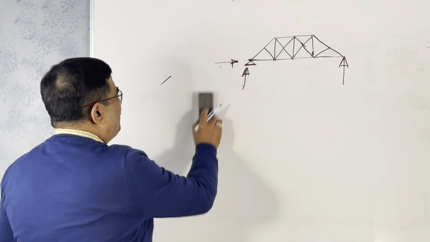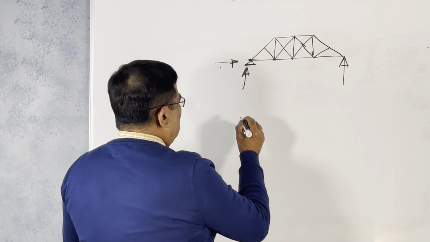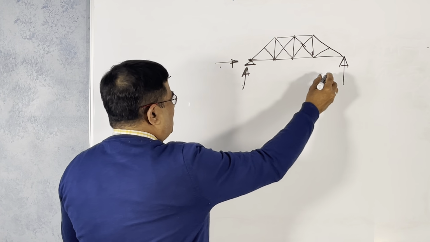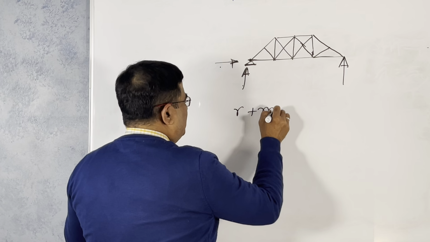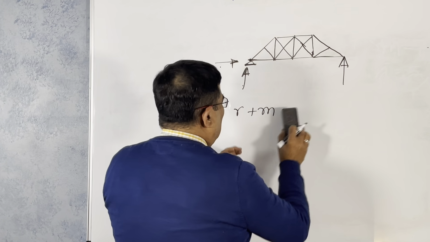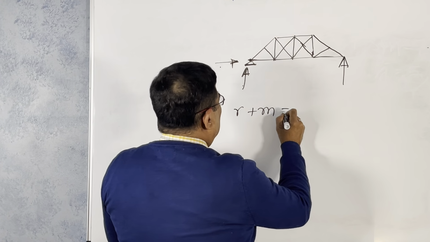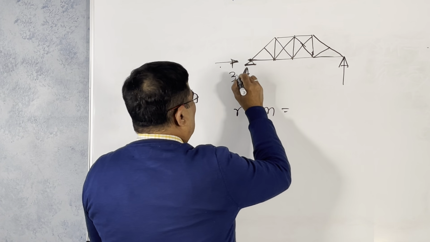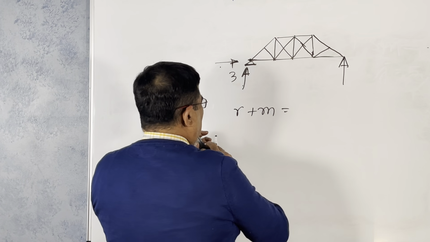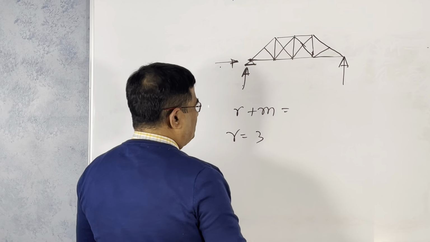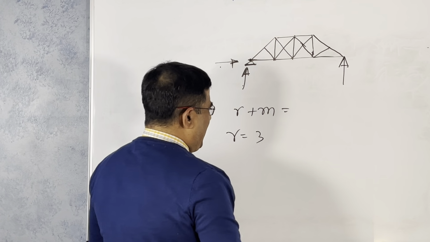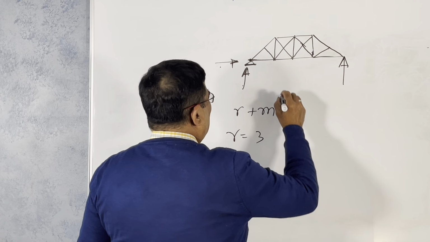Let us find the indeterminacy. R plus M: the reactions R equal to 3. And M is how many members?